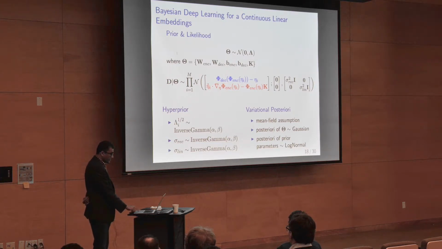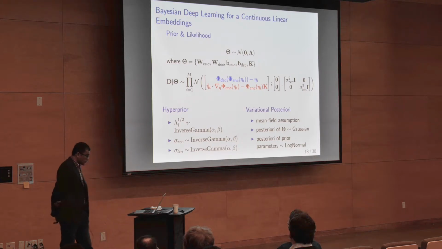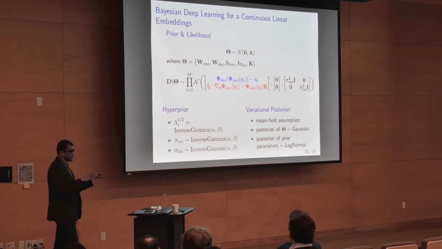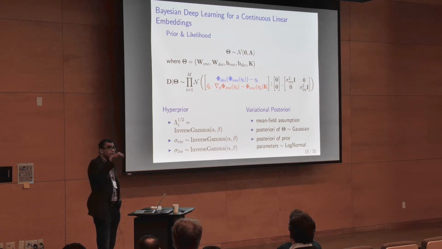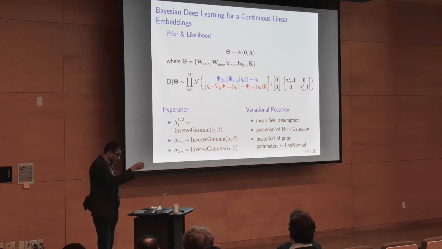The priors are all Gaussian, centered at 0, with some covariance. And then the likelihood function again has the reconstruction part and the dynamics part. And Shawu has actually constructed this in a hierarchical Bayesian setting, so you can account for the impact of the assumptions you made in the priors as well.